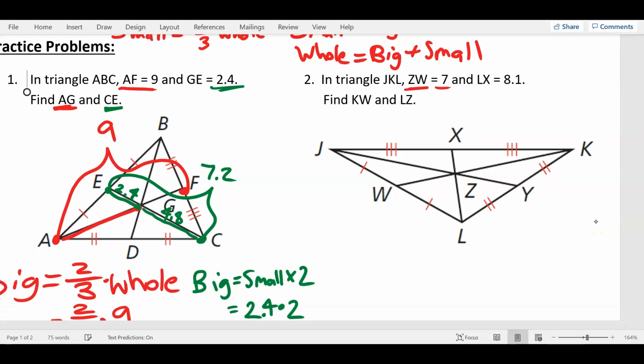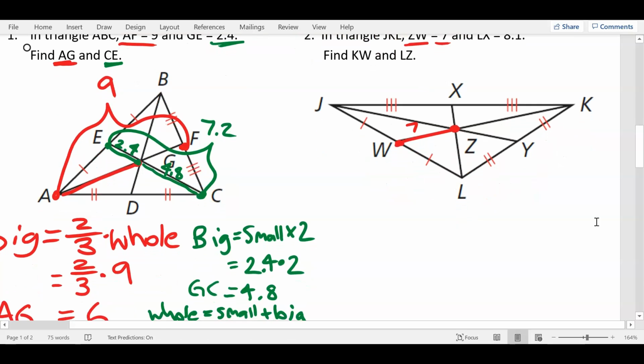Go ahead and label from Z to W, 7. Now you tell me, is that the small, the big, or the whole thing? Does everyone see ZW is the smaller one, ZK is the bigger one, WK is the whole thing?